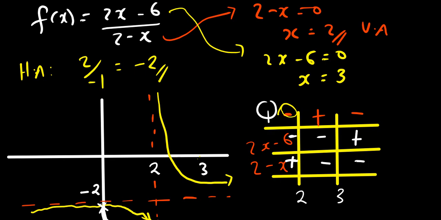So this point is (0, -3). We've also noticed that this other graph cuts the x-axis there. At the x-axis, you equate the whole expression to 0 and find your x values.